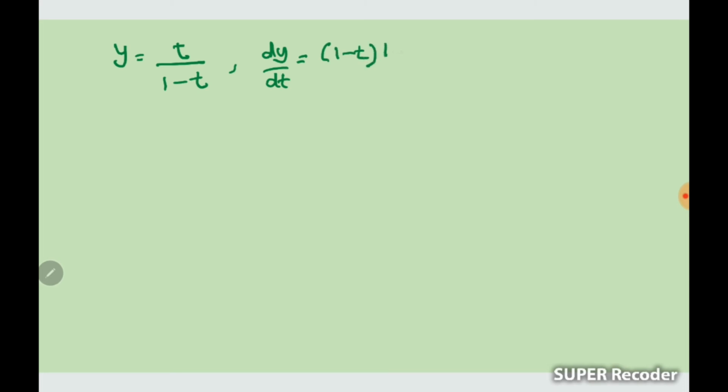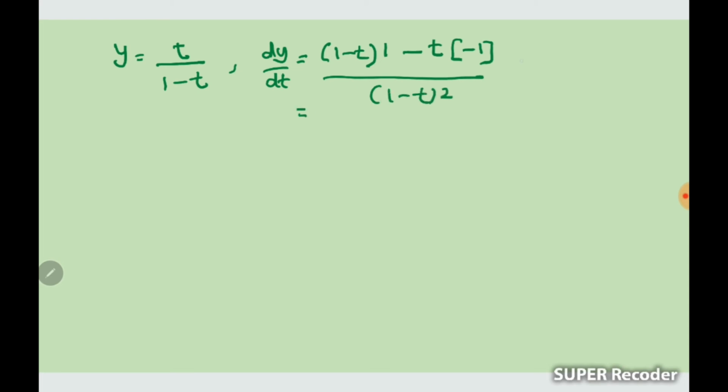Now y is given as t over 1 minus t. dy/dt is equal to, we will do the quotient rule here. (1 minus t), copy, differentiate t, the answer is 1, minus, copy t, differentiate 1 minus t, the answer is negative 1, over (1 minus t) squared.